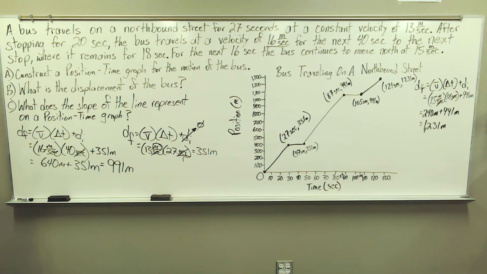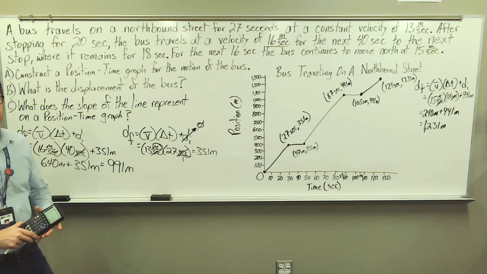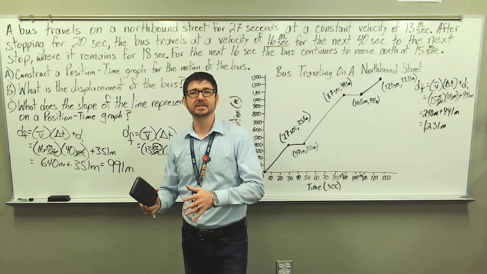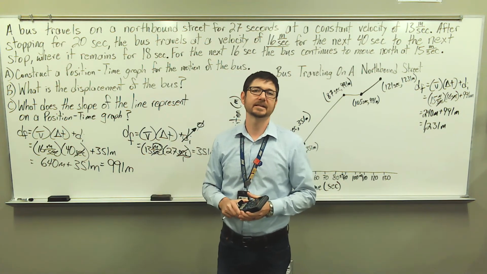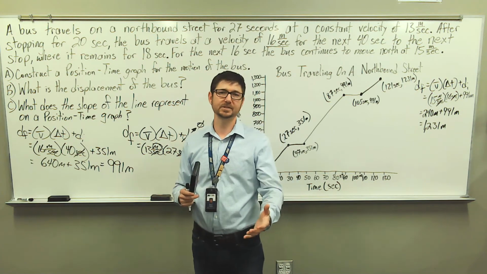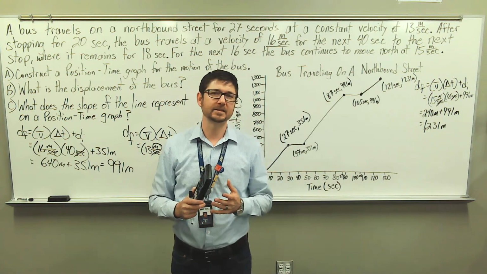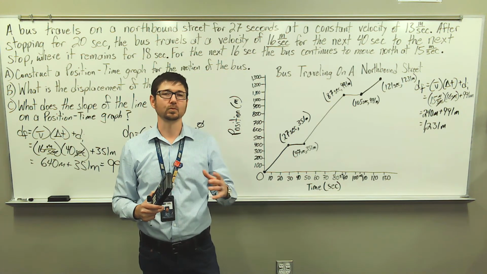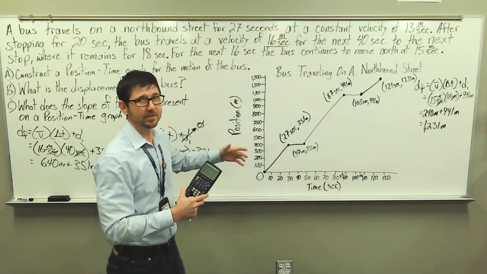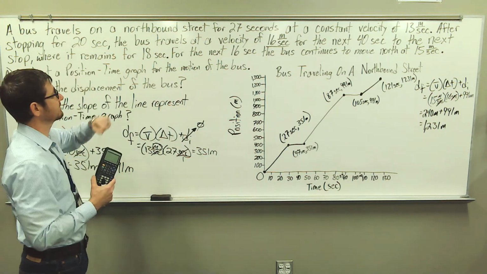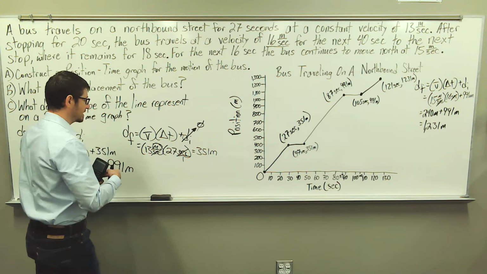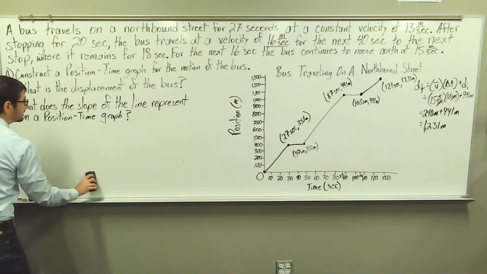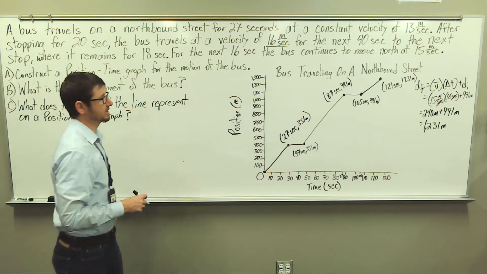Let's move on to part B. What is the displacement of the bus? Now remember, there is a difference between distance and displacement. Distance is a scalar value and it only describes the magnitude. But displacement is a vector and it's going to describe direction and magnitude. So the problem tells us that the bus is traveling on a northbound street. So for part B, what we can do is say, what is the displacement of the bus?